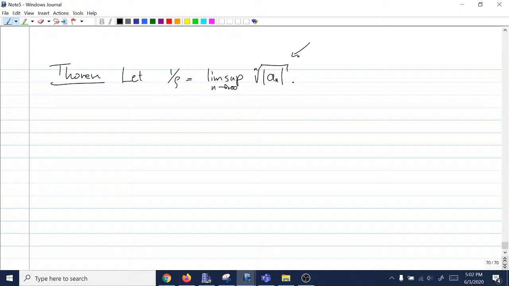The lim sup is defined to be the limit as n goes to infinity of the supremum over m greater than or equal to n of the value, let's make this of a sequence b_n. So the idea: there are many sequences that don't have a limit because they go up and down forever.